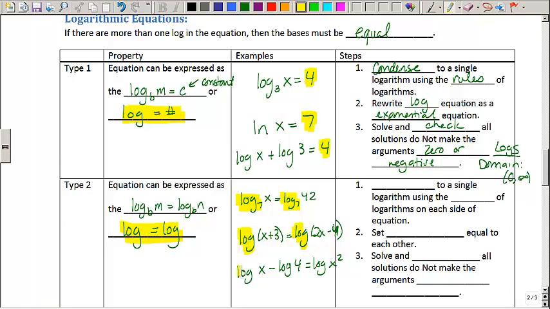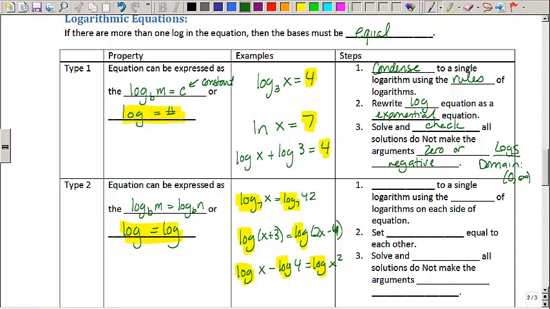And lastly, even though I have more than just two logs, every single term, log x, log 4, and log x squared, all have logs in them. There is no term that has just a constant. If a term just had a constant, then that would be of type 1. Type 2 has all terms being in log form.